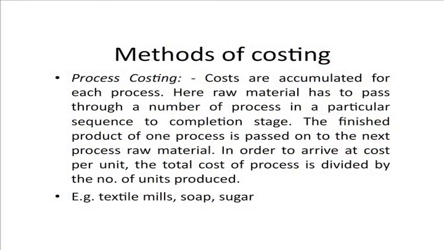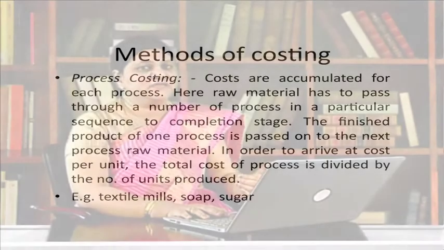Its final product will become the raw material for the second process. Again certain activities are performed on it, certain cost is assigned, and then cost per unit is ascertained for that second process.